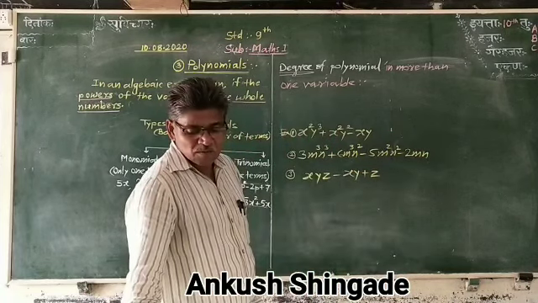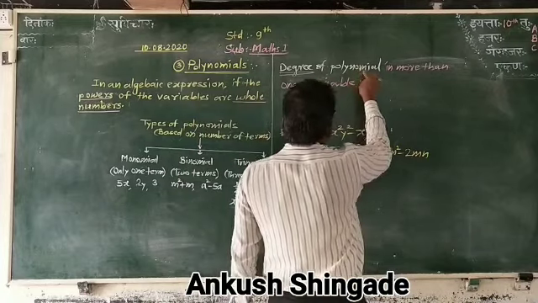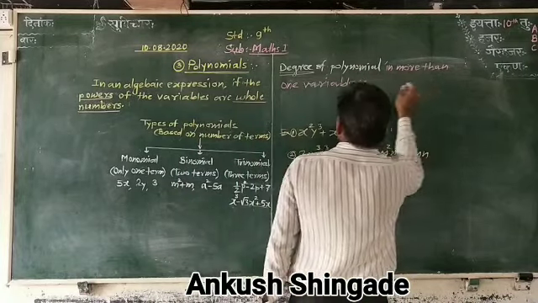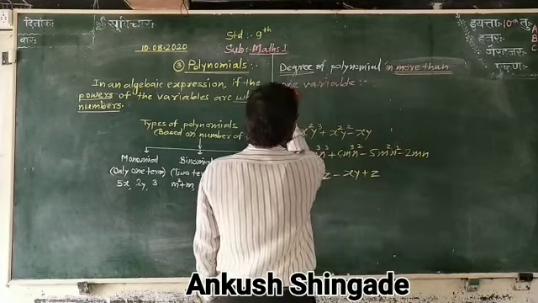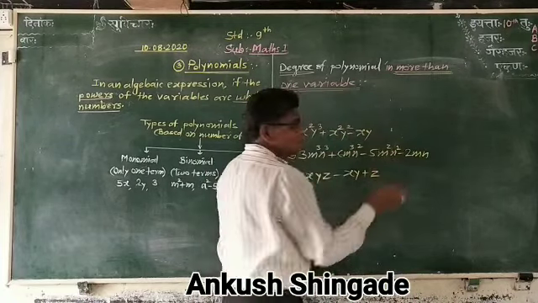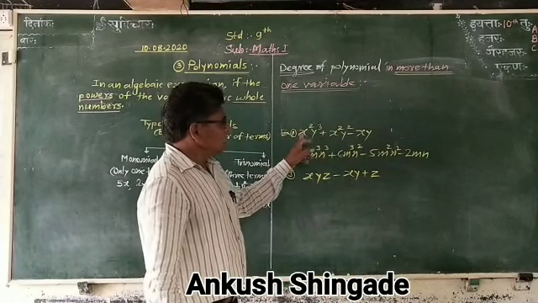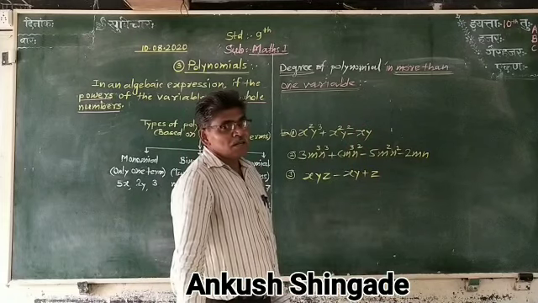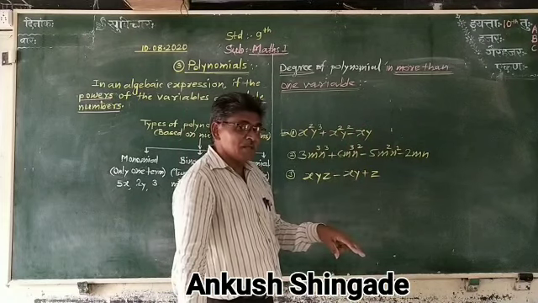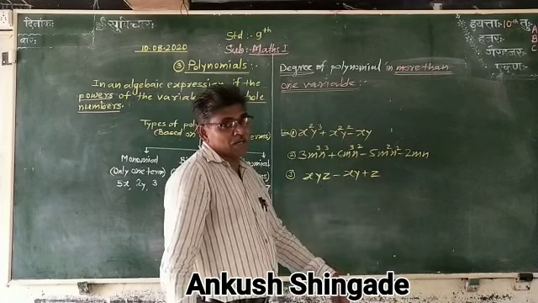These are some of the examples of the polynomial in more than one variable. Study here: x and y are the two different variables. That means variables are more than one. Two variables are there.